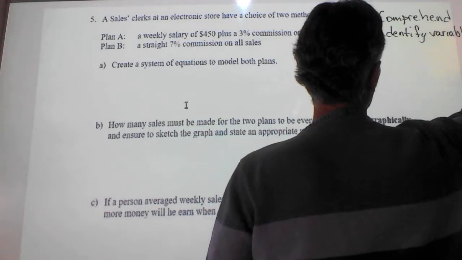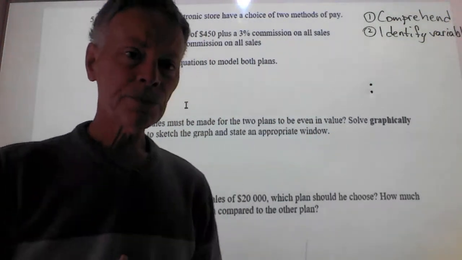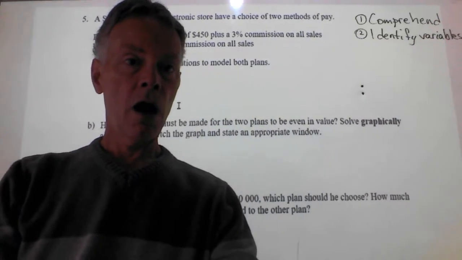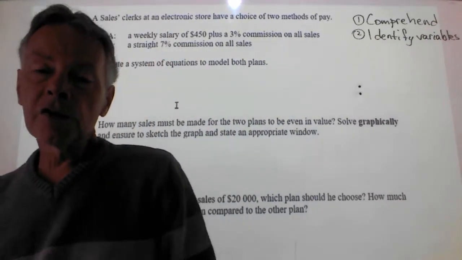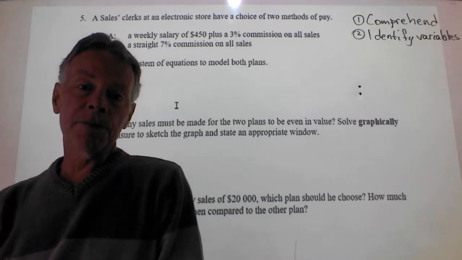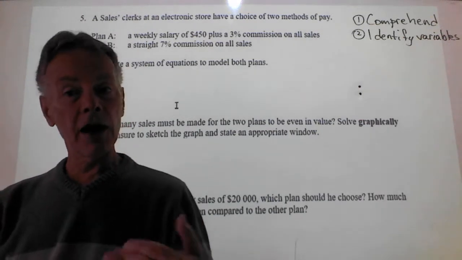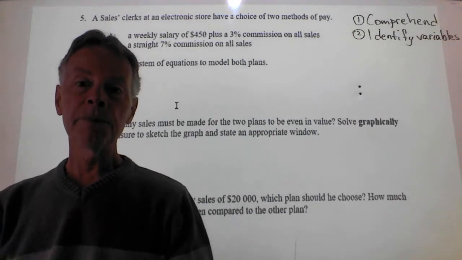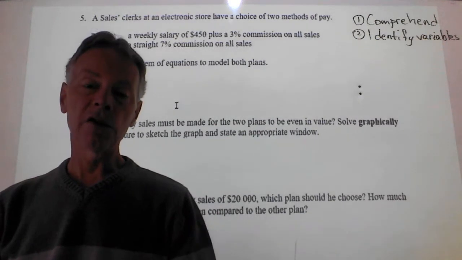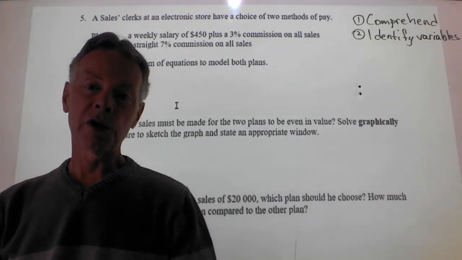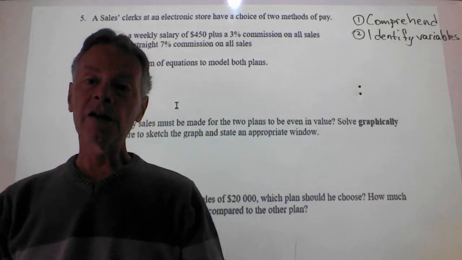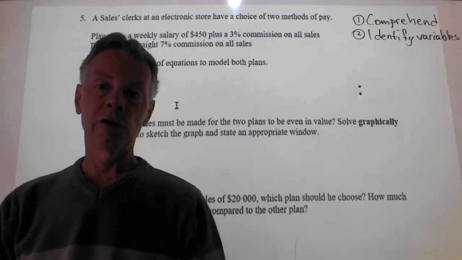So in other words, when I say identify your variables, in most of these word problems, they'll tell you what the variables are at some point, or it will be fairly apparent, okay? Usually if you look at the last sentence in the word problem, that gives you a pretty good idea of what your unknowns are, okay? So identify them and identify them clearly, okay?